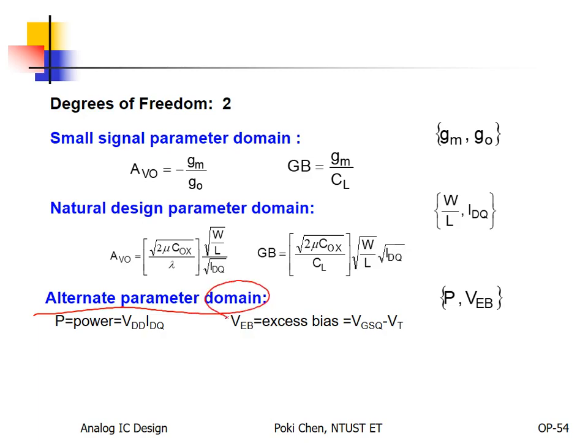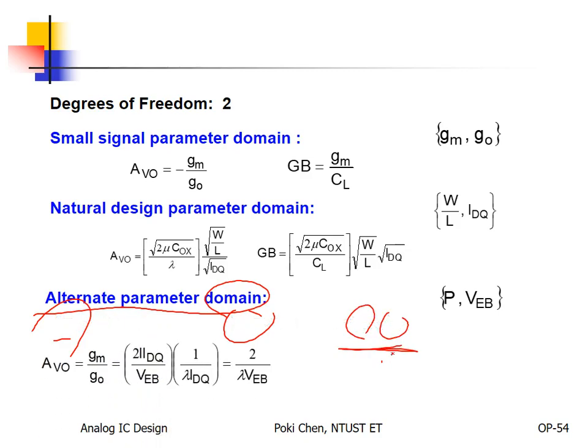And then Professor Geiger would like to provide you an alternate parameter domain. I myself was also curious what kind of parameters he would like to have. Power and overdrive voltage, or the effective bias. It means VGS minus VTH. But why? Allow me to show you.